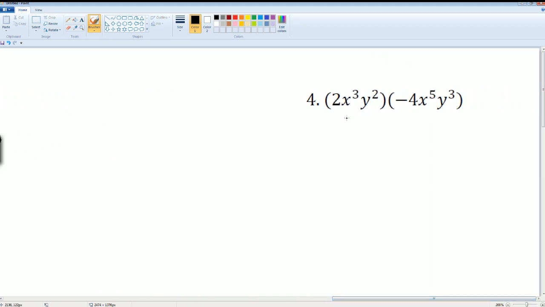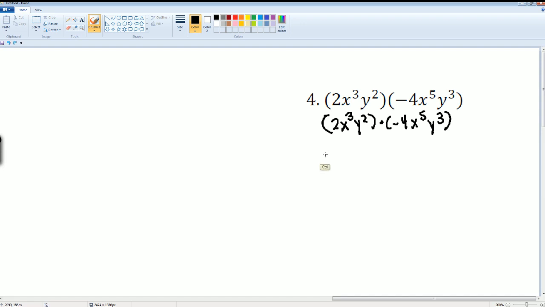Okay, let's take a look at this one. 2x cubed y squared is going to be multiplied to negative 4x to the 5th y cubed. So here you could split it apart.